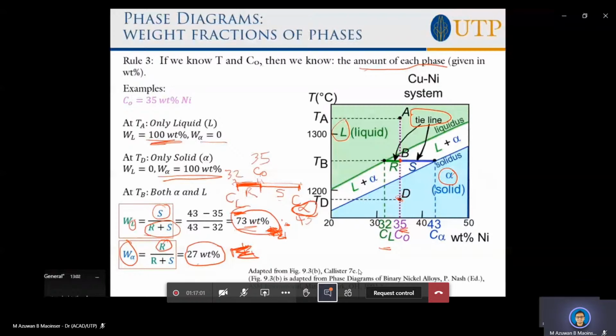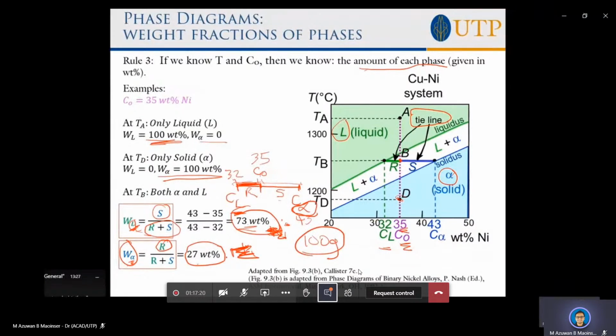Itu je maksudnya. Alright. So if I have 100% 100 gram of alloy, then 73% is liquid and 27 grams is solid and 73 grams is liquid kalau saya ada 100 gram.